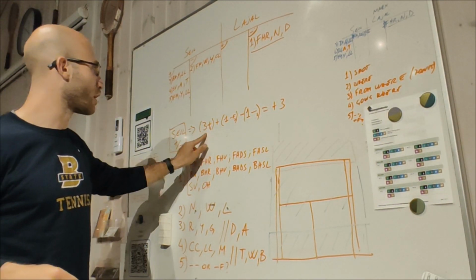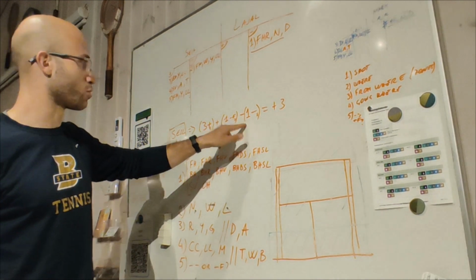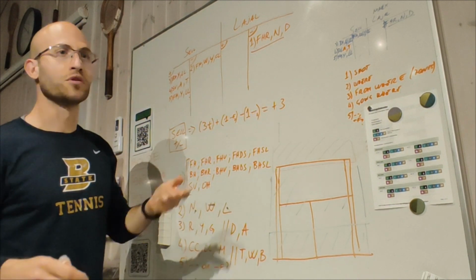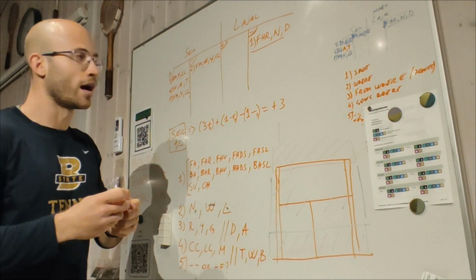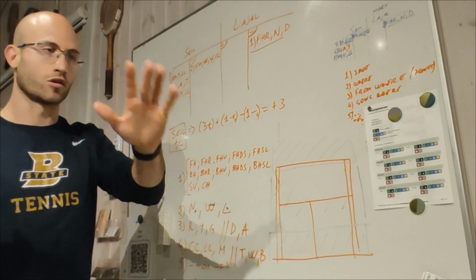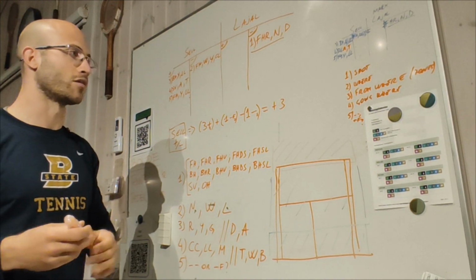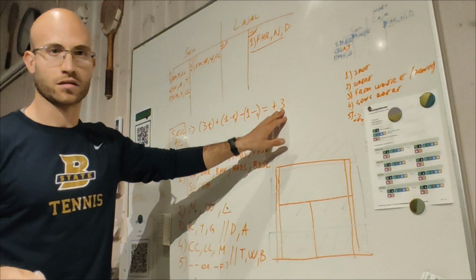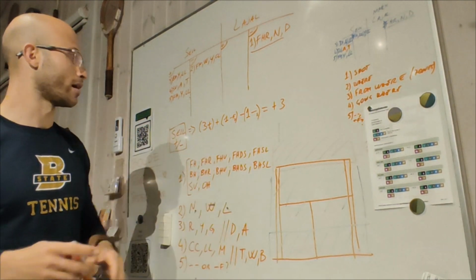Okay, so we have a 3 plus 1 minus 1, which, guess what, gives us a plus 3, which is a great coefficient. I'm sure if we watch the whole practice set, which on YouTube is only the highlights, but I want to see the whole set, I'm quite sure it's going to be lower than that, even though they are pros, even though they are super good.